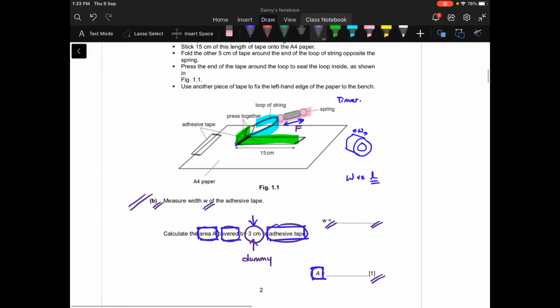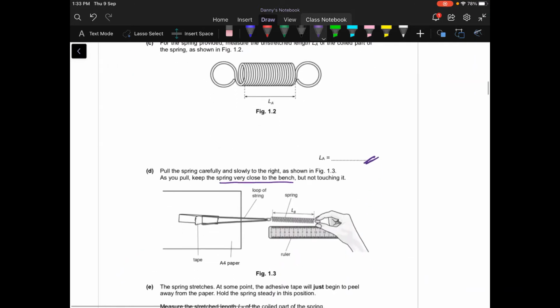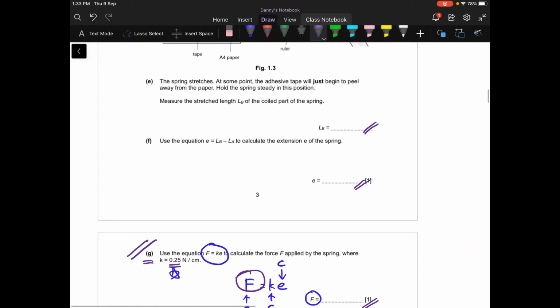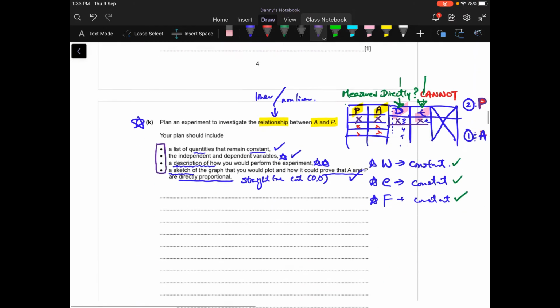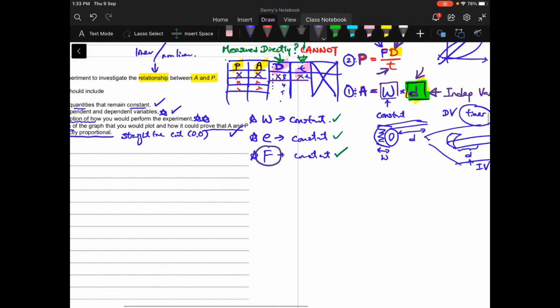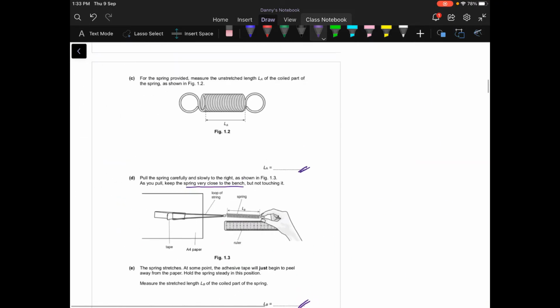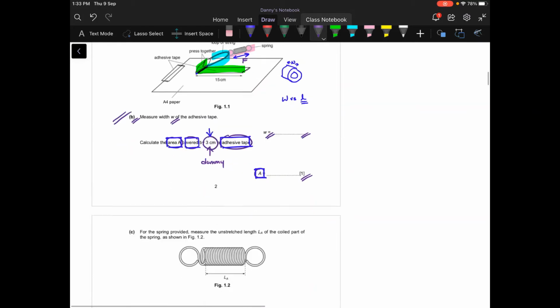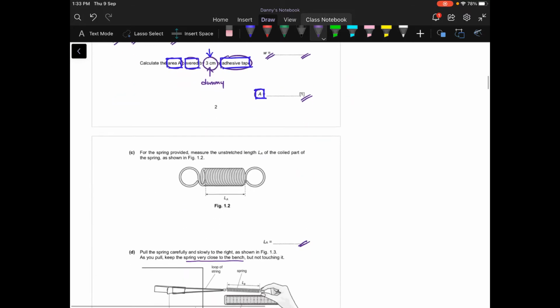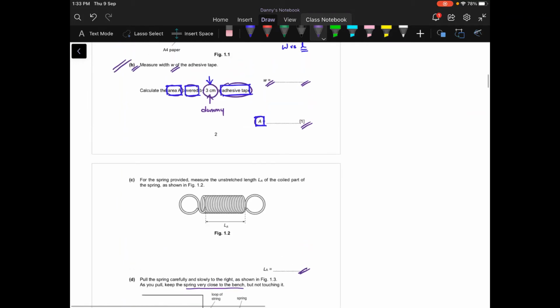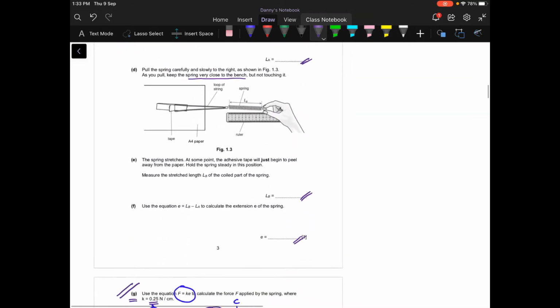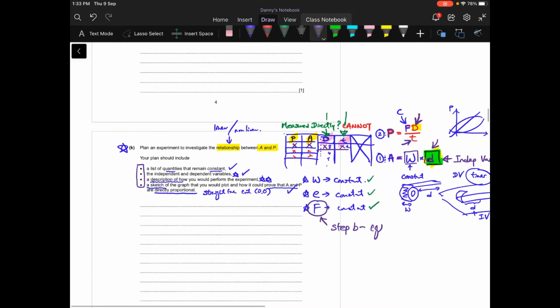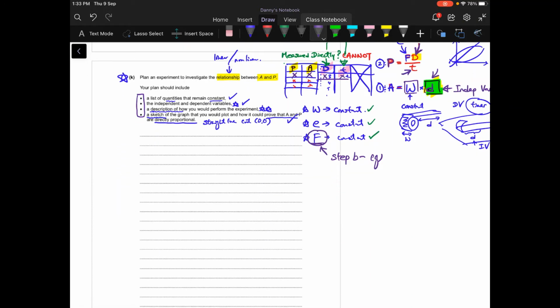So I need to use step A to F, step A to G to get my F. So here I need to tell myself, F is obtained by doing step B to G. Correct? So I check again, B to G. B actually no need, right? Actually B need. B to G will enable me to get the F that I need.